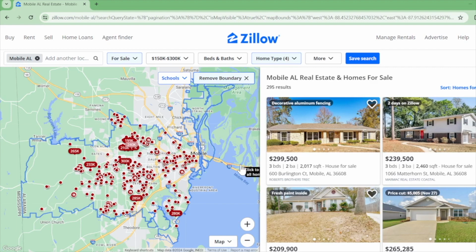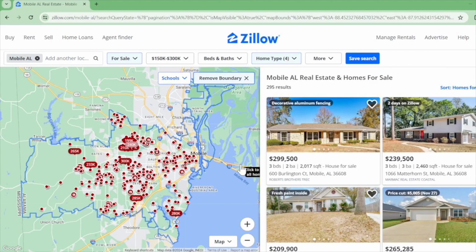I'm going to use a little equation and multiply my annual income by 3, which is another general rule that can give you an idea of what you can generally afford, right? So whatever your annual income is, multiply that by 3, and that will be your maximum home price.